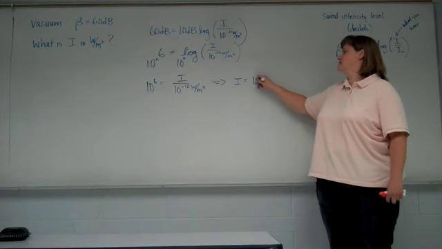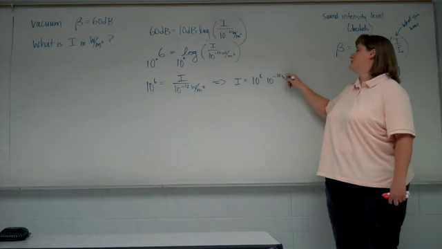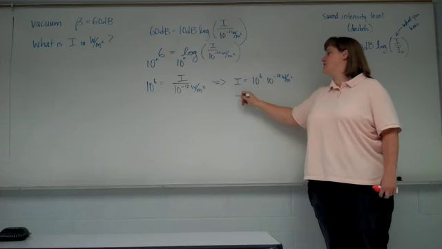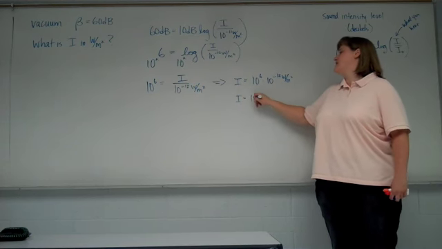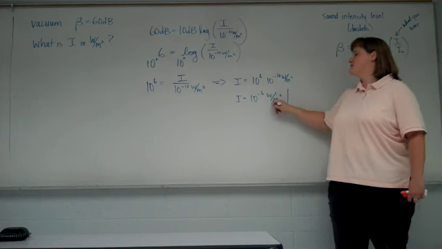It is convenient, getting rid of those logs. So 10 to the 6 times 10 to the negative 12 will be 10 to the negative 6 watts per meter squared. So that's our intensity.